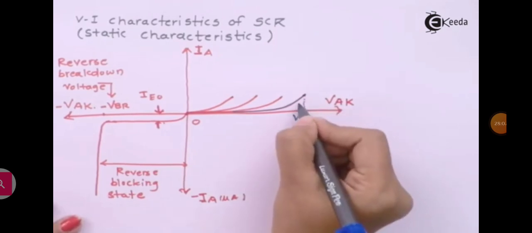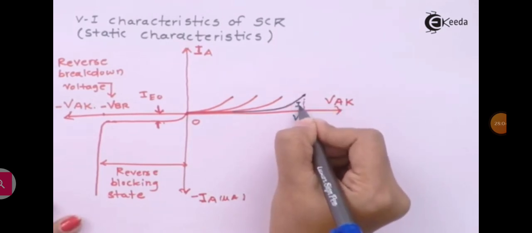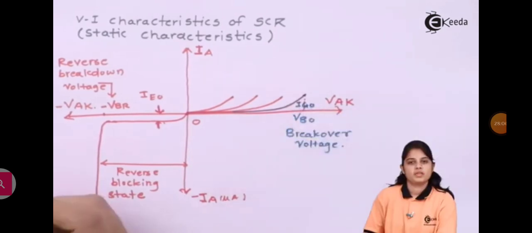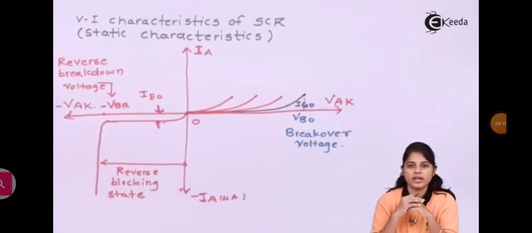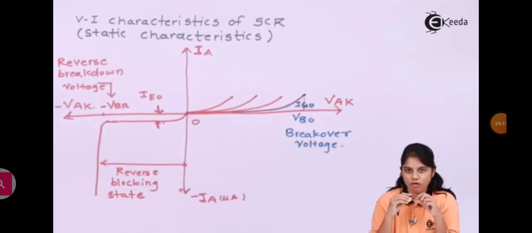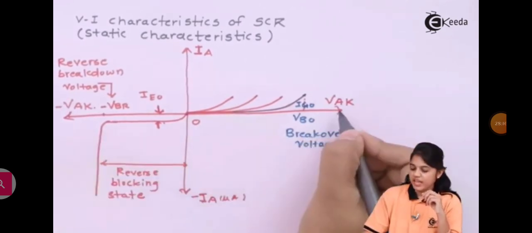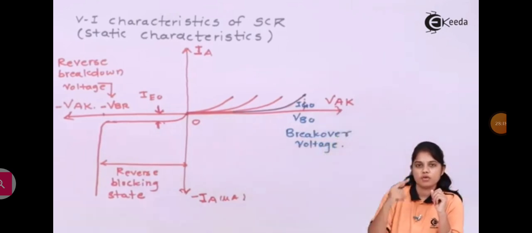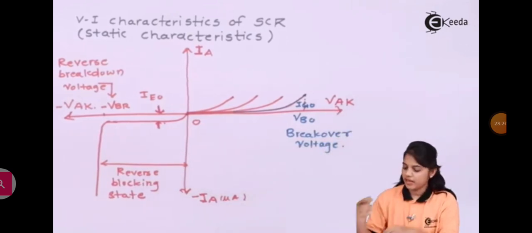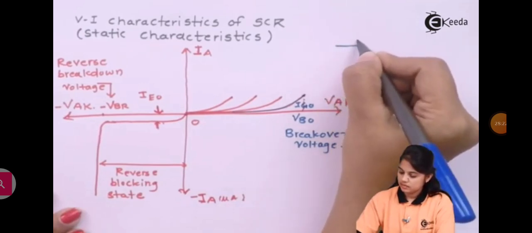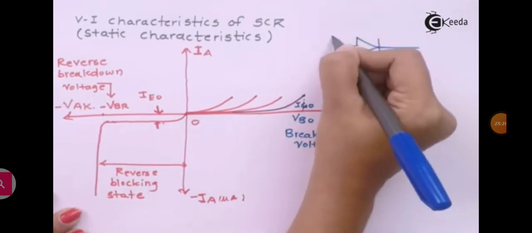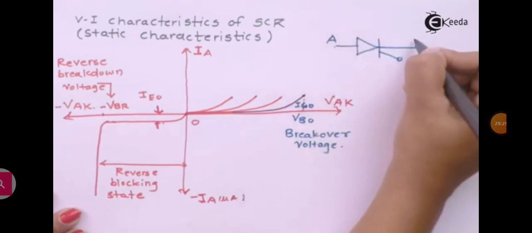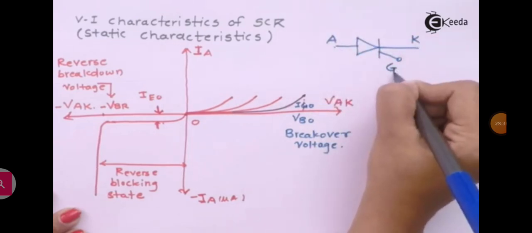And this current, I will show that this current is for IG0. IG0 means a small amount of gate current is provided to the gate terminal when my SCR is forward biased. That means VAK is a forward voltage, that is, a voltage across anode and cathode. If you see the diagram of an SCR, I have anode, I have cathode, and this is the gate terminal.